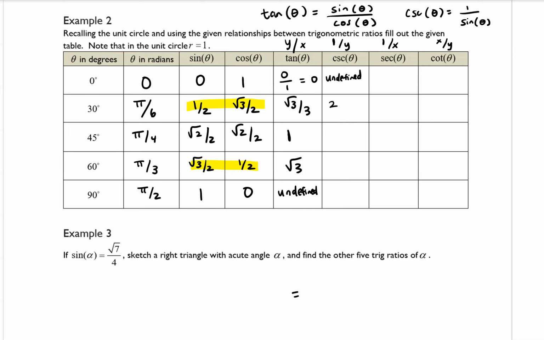Let's take the reciprocal of the square root of 2 over 2. So if we take the reciprocal of that, that gives me 2 over the square root of 2, and I need to rationalize that. And so that gives me 2 times the square root of 2 over 2. These 2's divide out, and I'm left with the square root of 2.